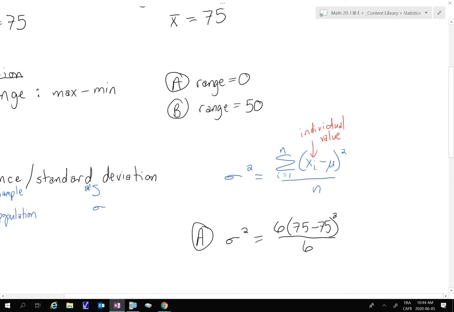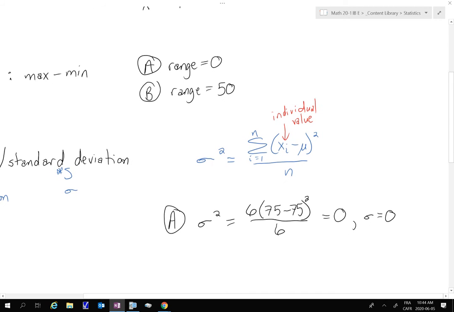Doesn't matter the squaring, the times 6 to divide by 6, it just ends up equaling 0. So the variance is 0, and at the same time, the standard deviation is also 0. Which again, makes sense if I think about standard deviation as being the average distance between the values and the mean. It's not exactly that, but it's pretty close to that. That's a helpful way to understand it.